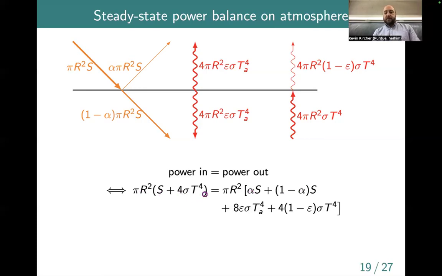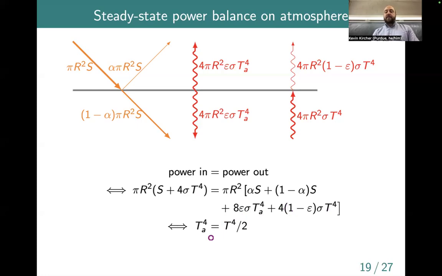So that leaves us with 4 sigma t to the fourth over here, and then just these remaining terms over here. We have a 4 sigma t to the fourth from this coefficient, so that's going to cancel over here. So now everything on the left-hand side has died off, and all we have left is the negative 4 epsilon sigma t to the fourth here, and the 8 epsilon sigma ta to the fourth over here.